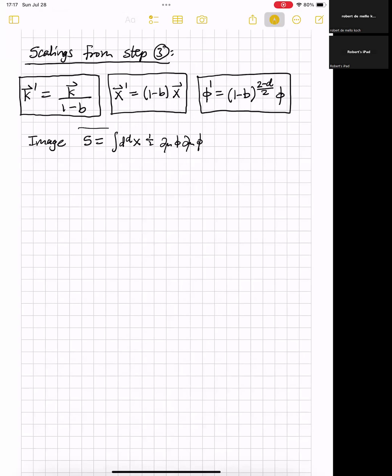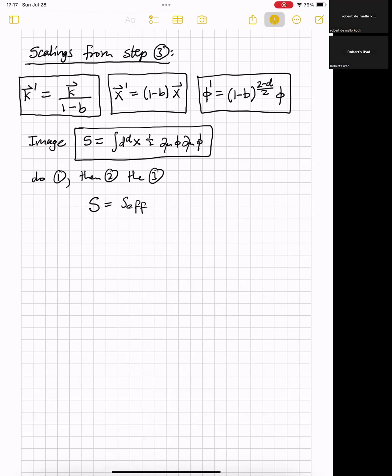If you go ahead and do the 3 steps, 1, then 2, and then 3, you'll find that S is equal to the effective action. That's just a fact. So S doesn't change. Okay, good. I want you to bear that in mind.